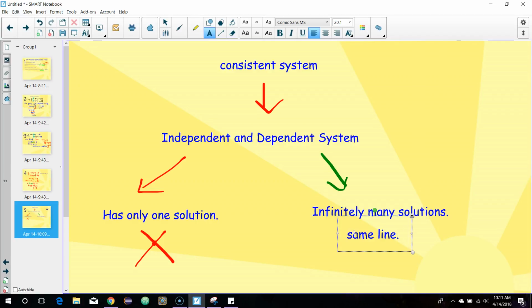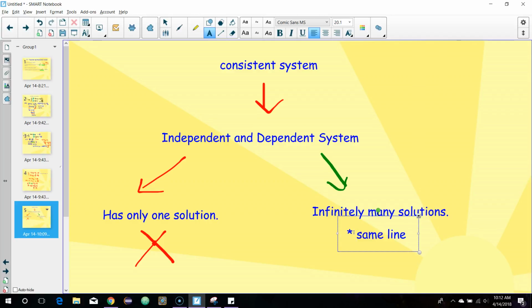So for the ones that are parallel, we don't really care about them because they are not giving us any solution. They are not giving us any point to look at. Remember last week, when we were talking about the DVD versus cable TV, we wanted to find a solution because I cannot determine which one is going to be cheaper until I find the solution.